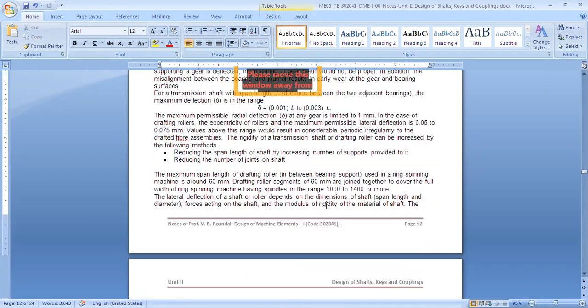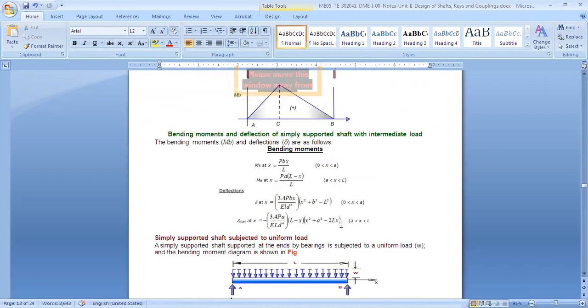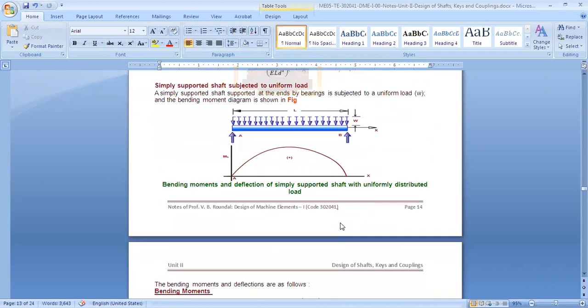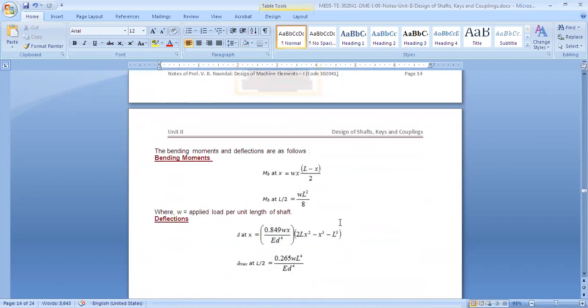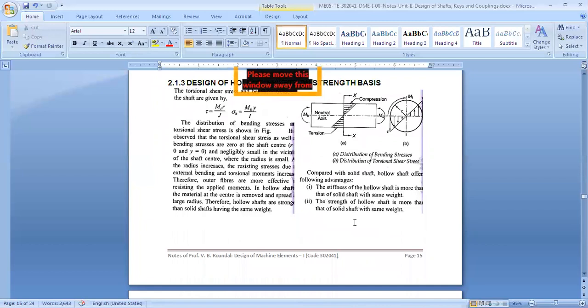That is the allowable deflection, and depending on the situation we will use different formulas for the deflection of the shaft, use that as the maximum deflection, and find out the diameter. So these are the two important things we learned today: design of the shaft on torsional rigidity and lateral rigidity.